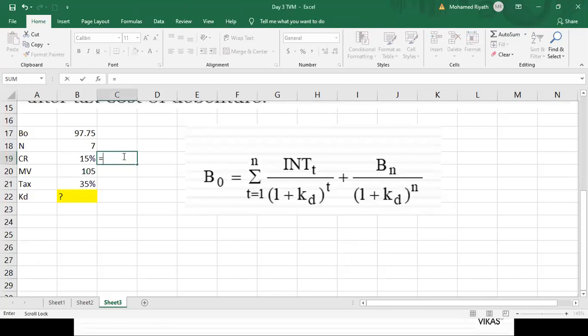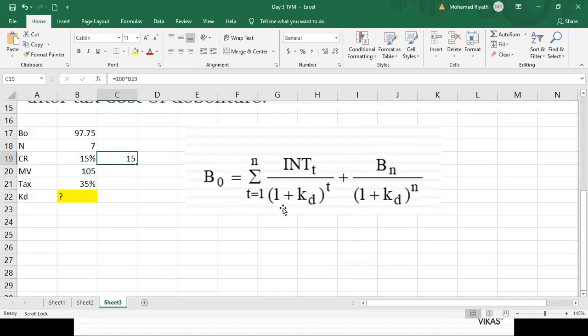Therefore, the interest is 100 into 15%, which is 15 rupees. Interest payment is 15 rupees. T is 7 years, and the maturity value is 105. So the information not provided is KD. We have to find out the KD.